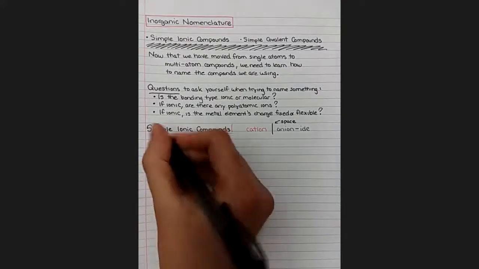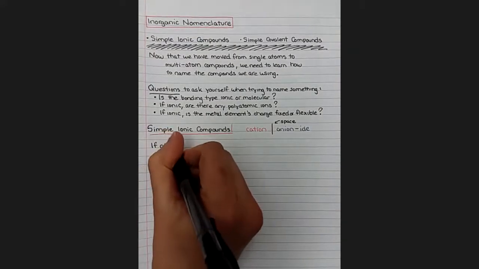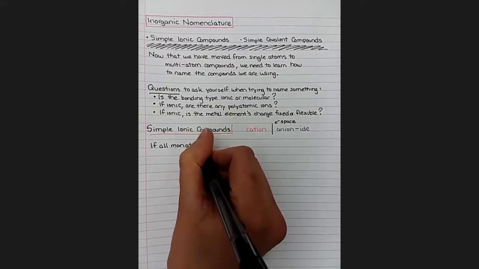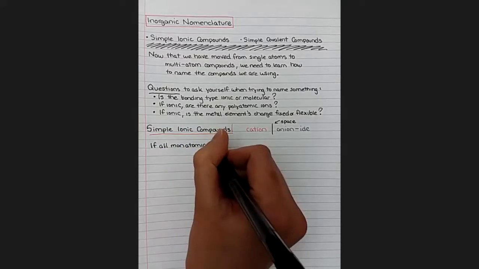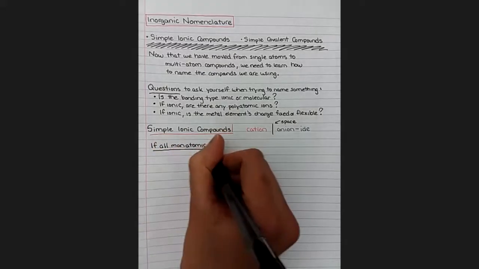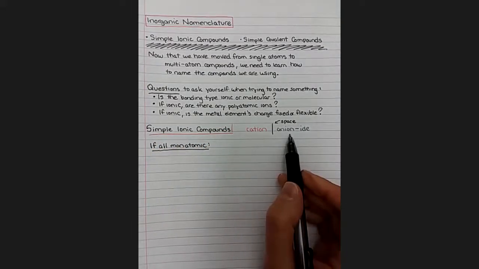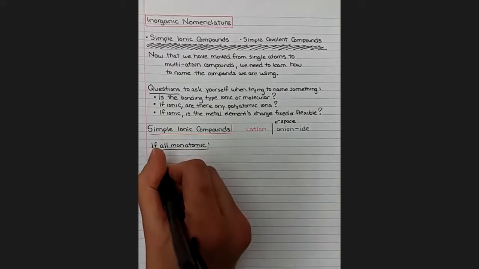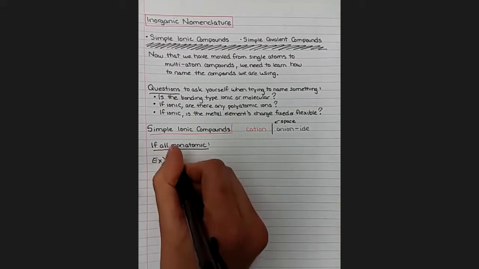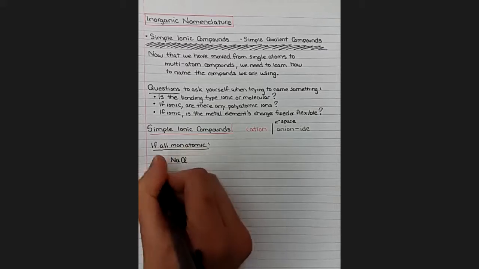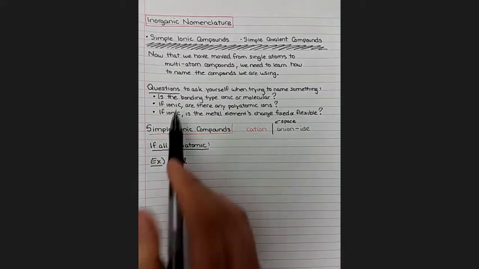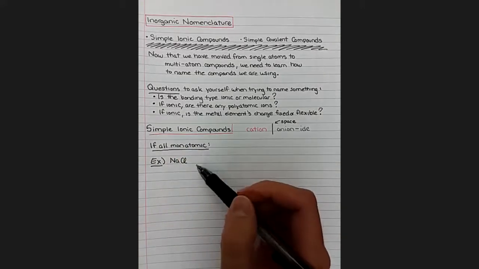So let's look at examples if all the ions are monatomic. So if each of the ions is just a single atom, we're going to use this simple rule for nomenclature. So let's look at something that we should already know the name of without even thinking about it, NaCl. So we're going to follow our question process to help us write the name for this.